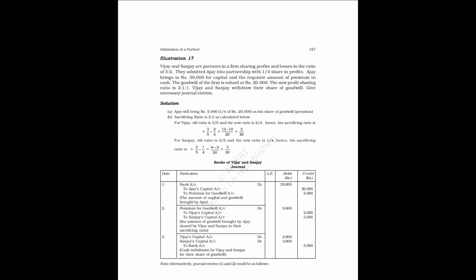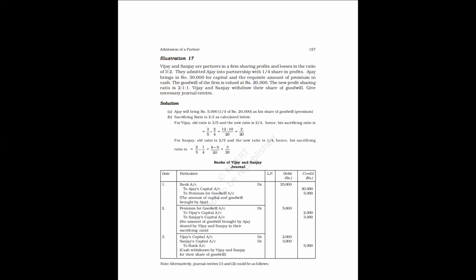That is 20,000 into 1/4, the total goodwill into Ajay's profit share. That is Ajay's goodwill share, and you will get 5,000.